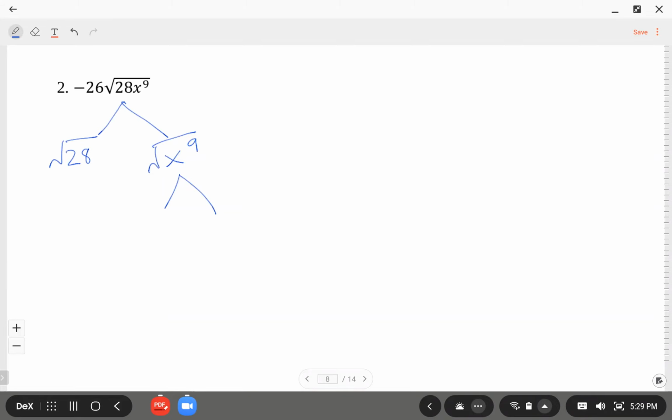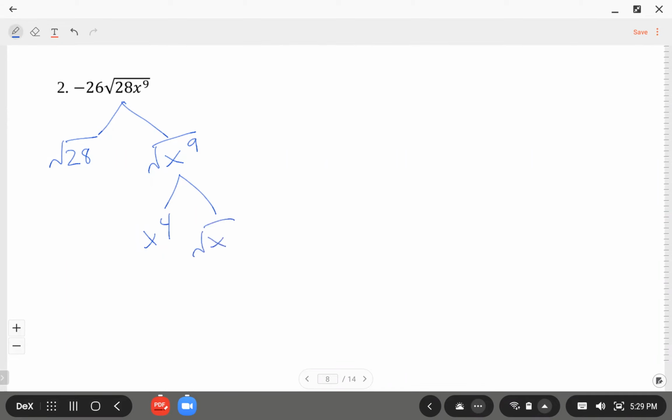So what is the square root of x to the 9th? It is the square root of x to the 8th times the square root of x. And what is the square root of x to the 8th? It is x to the 4th, right? And that is where you're wrong, Maggie. You forgot to put the 4th power. And then the square root of x.